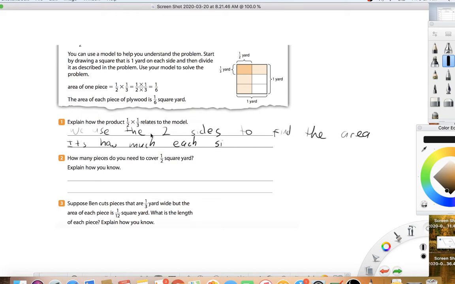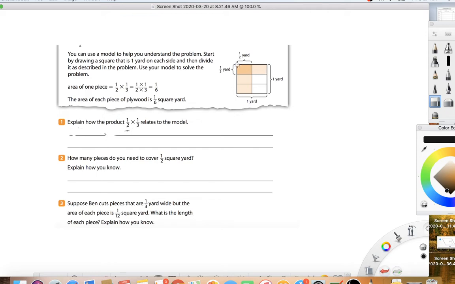Now the next one says number 2. How many pieces do you need to cover 1/2 square yard? Explain how you know. Now for this one, it's a little tricky. When I was reading it, I kind of didn't get it either. But all it means is it's asking you how many pieces you need to cover 1/2 square yard.